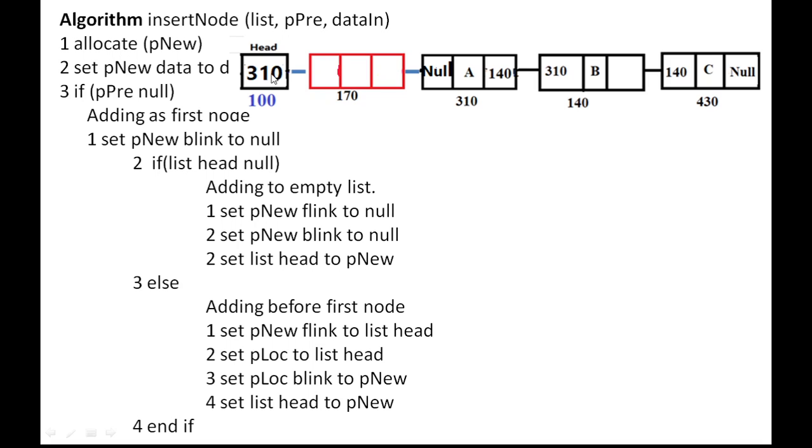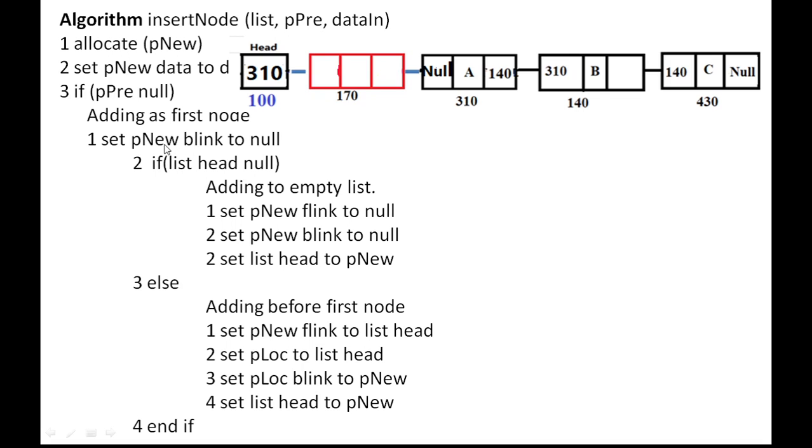So the address of the list head, 310, comes into the forward link of the new node, and the backward link of the new node will be null because it's the first node, and the list head is also to be replaced by the address of the new node. So that is what we are doing.